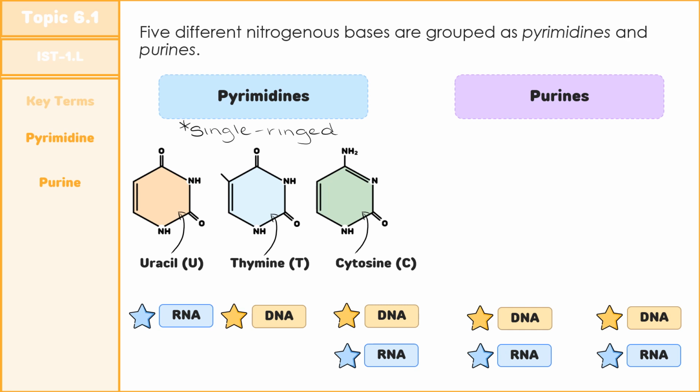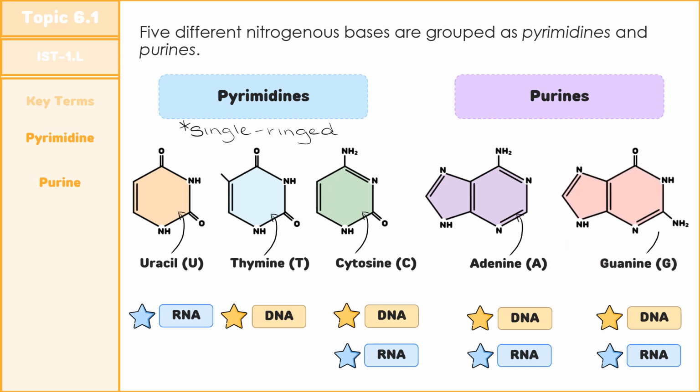Our purines are adenine and guanine. Both adenine and guanine are found in DNA and RNA. A way to remember your purines, aside from just these ones aren't pyrimidines, is the mnemonic pure as gold.